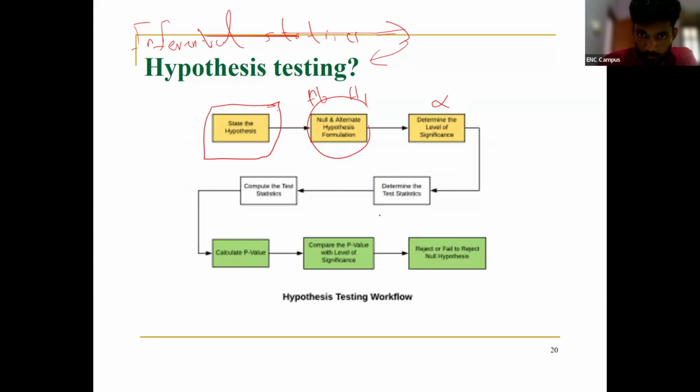Then we take a sample, analyze that sample, and calculate the p-value. Based on the p-value, we say the hypothesis got accepted or rejected. I will explain this deeply.